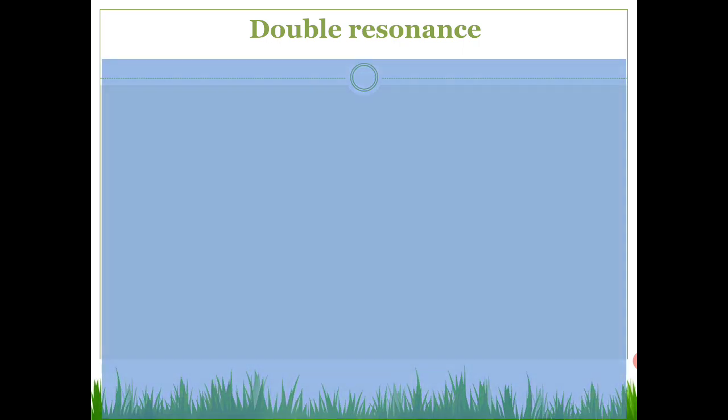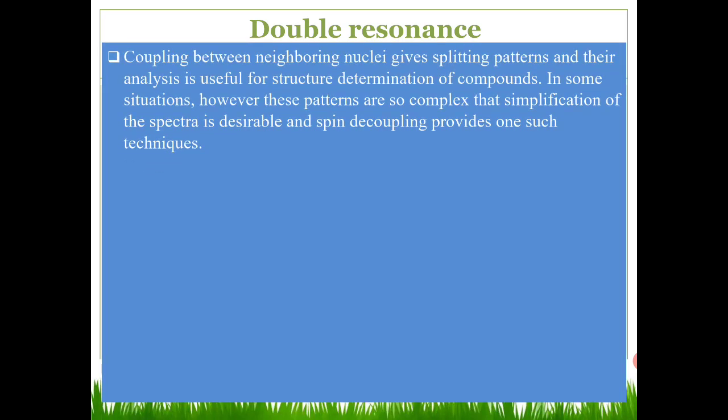Another method is double resonance. The coupling between neighboring nuclei gives splitting patterns, and their analysis is useful for the structure determination of the compound. In some situations, however, these patterns are so complex that simplification of the spectra is desirable, and spin decoupling provides one such technique.